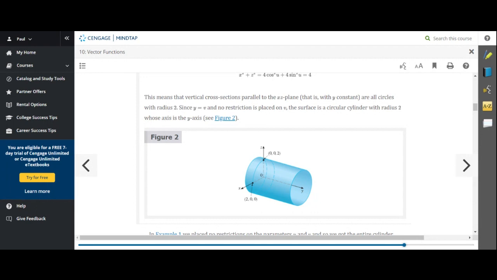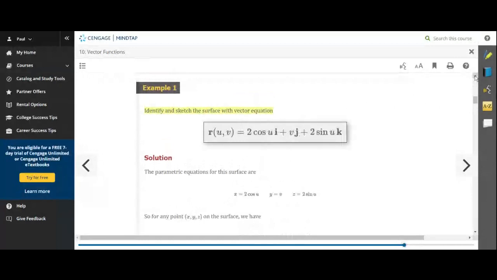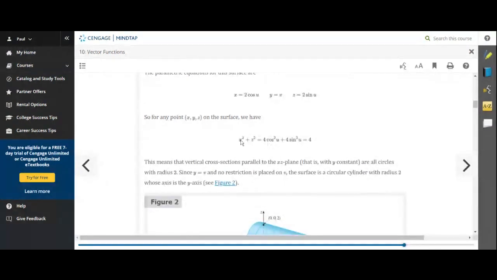Are there any questions on that? You can see it in figure 2. And they make note too that based on the parametric equations, if you take x and z and square each of them, you're going to get 4.